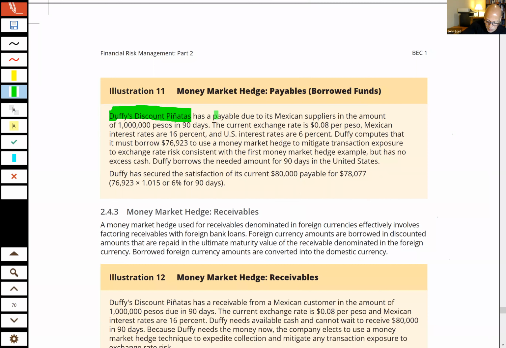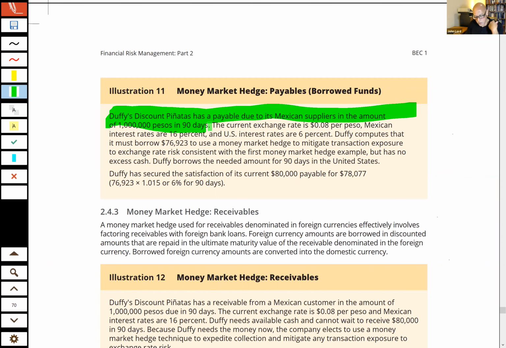Duffy discounts piñatas as a payable due to the suppliers in the amount of 1,000,000 pesos. By the way, the $80,000 wasn't explicitly stated in the question; it is the million times the 0.08, right? Times the 8 cents. And then the current exchange rate is 0.08.